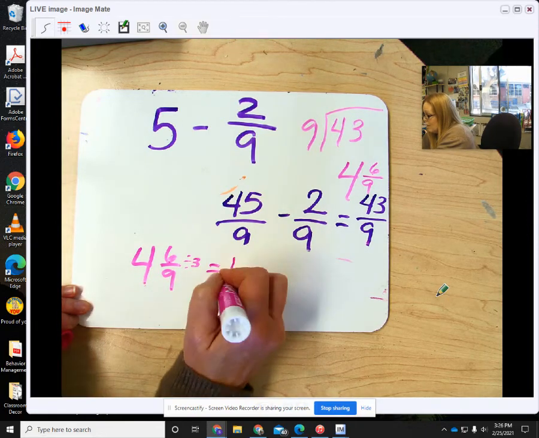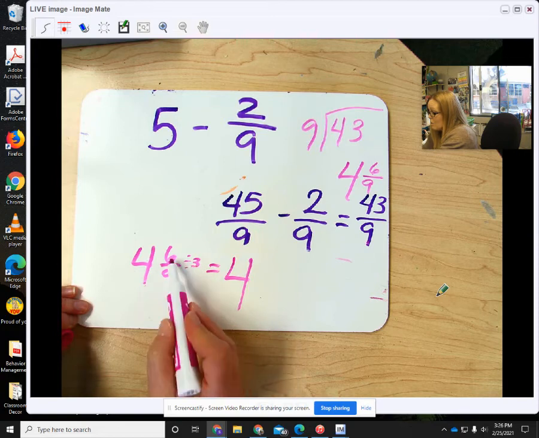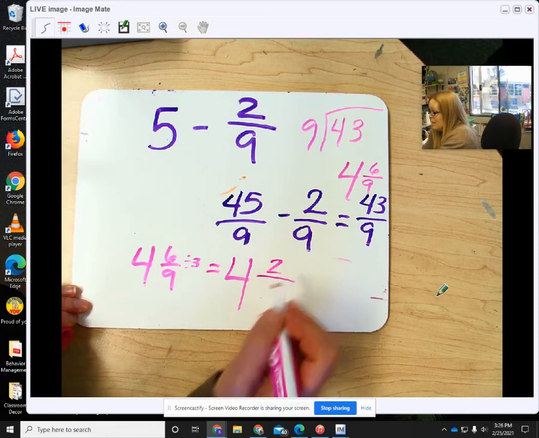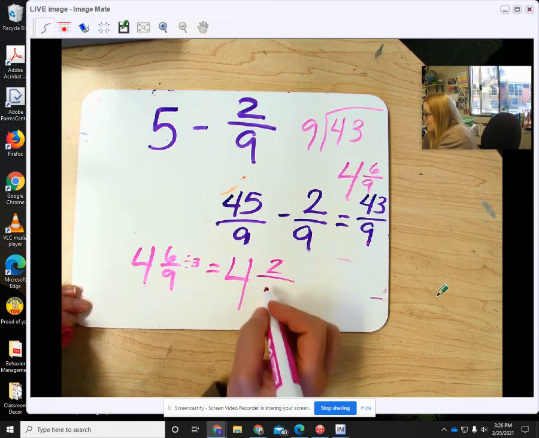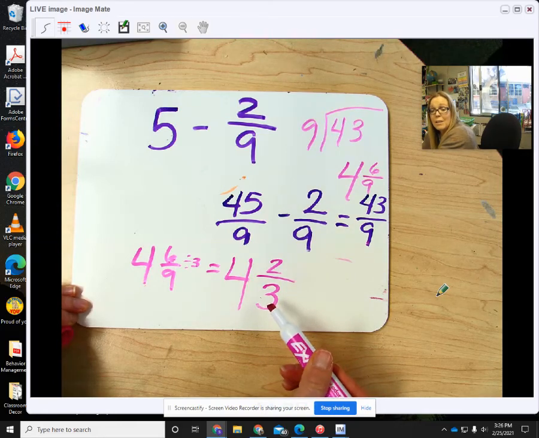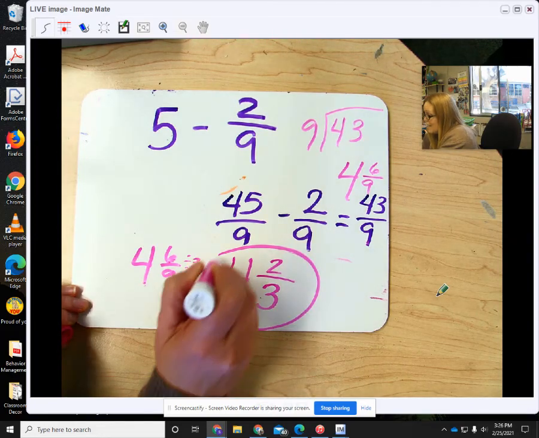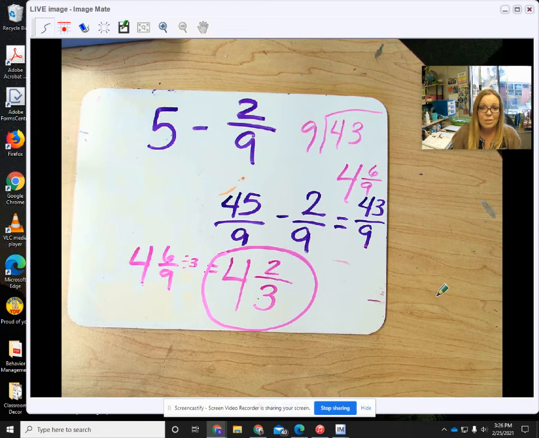My whole number gets brought over because it stays the same. I simplify the fraction. 3 goes into 6 2 times. 3 will fit into 9 3 times evenly. 2 and 3 cannot be divided by the same digit. Therefore, it is in simplest terms. And there is my final answer.